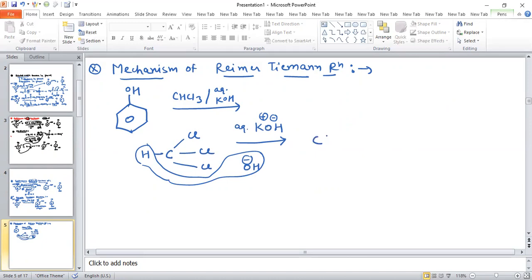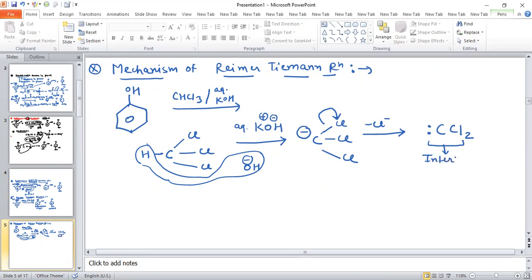So it will convert into CCl3 minus. Now this leaving group is also removed: Cl is removed in the form of a leaving group. So when Cl is removed, this will form CCl2 having this electron pair.